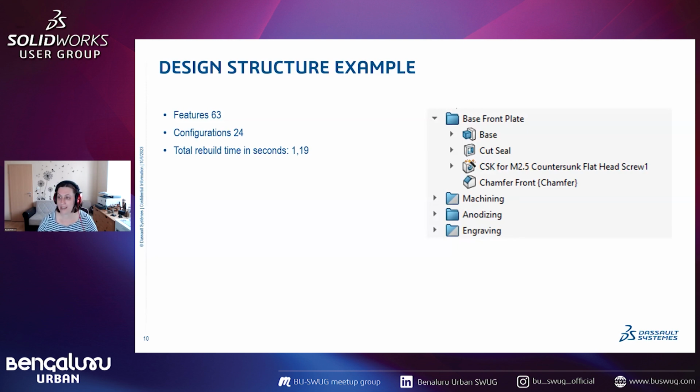This front plate has 63 features, 24 configurations, and it's rebuilding in just 1.2 seconds. This is what modeling with Design Intent really gives you. Not only no errors, but also the stability of your models.